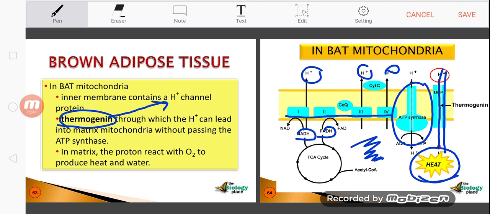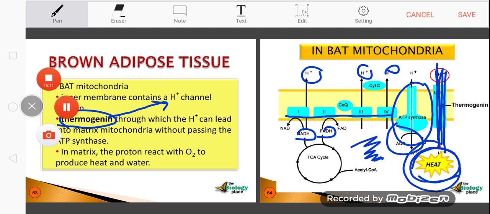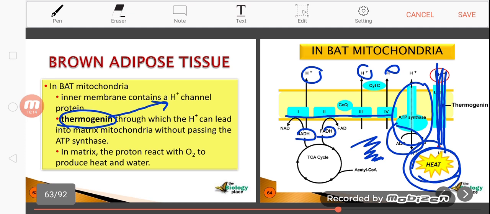So this H plus will go down its concentration gradient in order to produce ATP, but in BAT it will go through this thermogenin protein channel and react with oxygen, directly producing heat. So basically that's what happened in BAT.